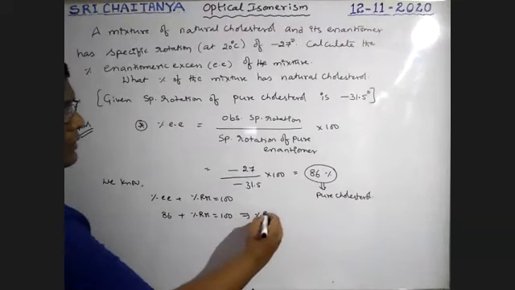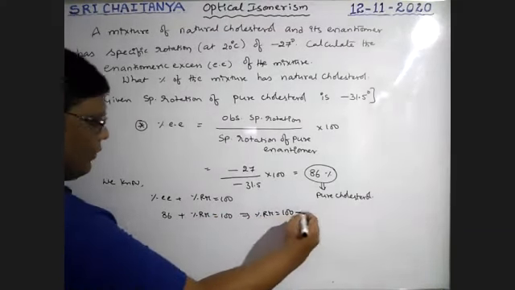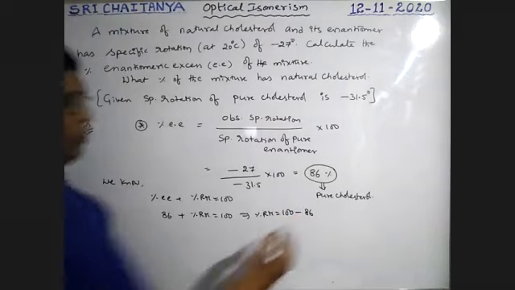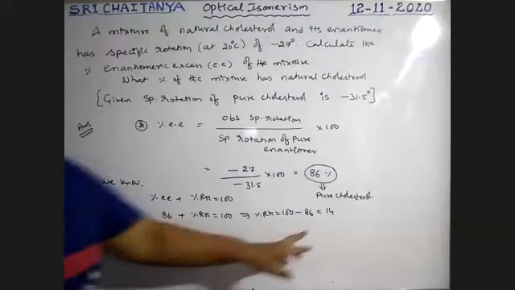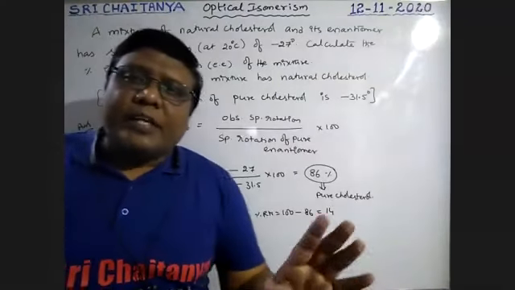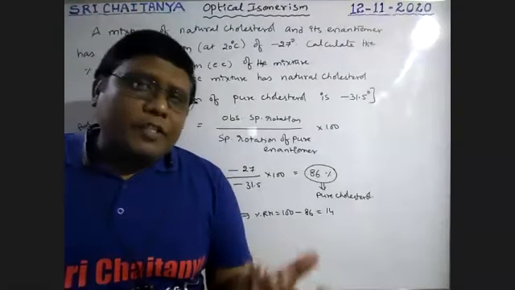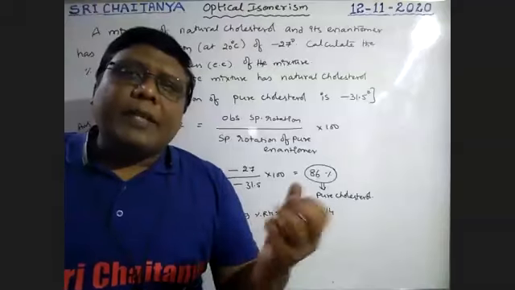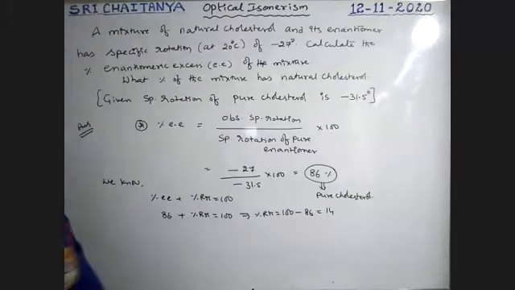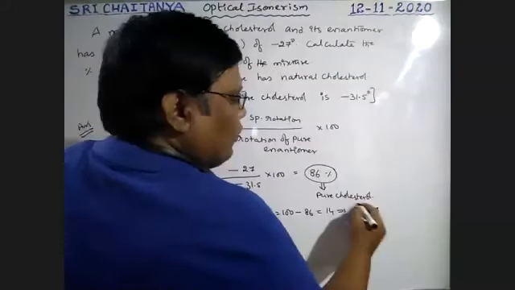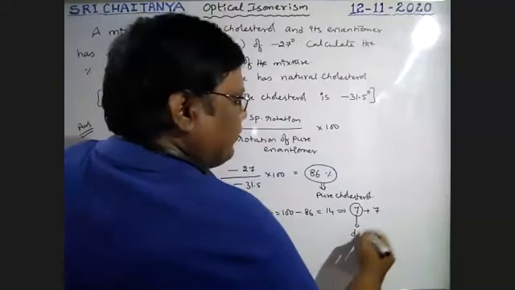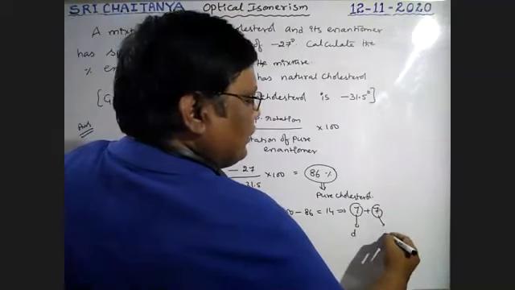So 86 plus percentage of racemic mixture equals 100. From this, percentage of racemic mixture equals 100 minus 86, which is 14. Racemic mixture means D plus L forms. Therefore, this 14 is nothing but 7 plus 7. One 7 is for the D form and another is for the L form.